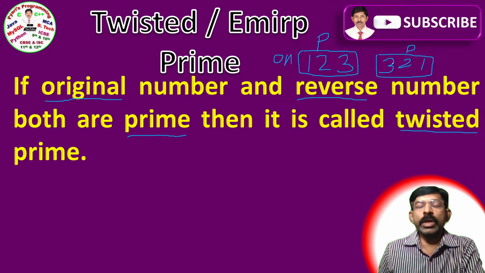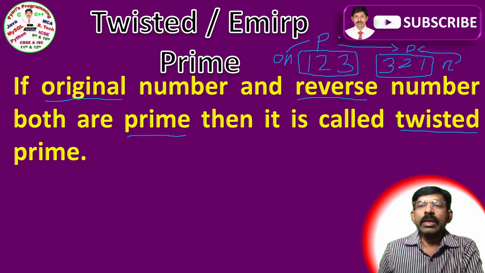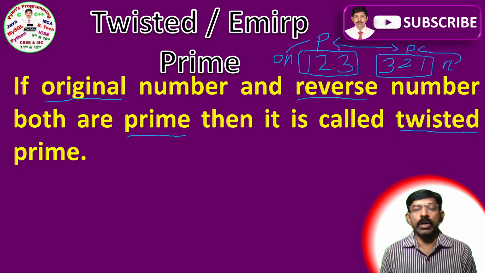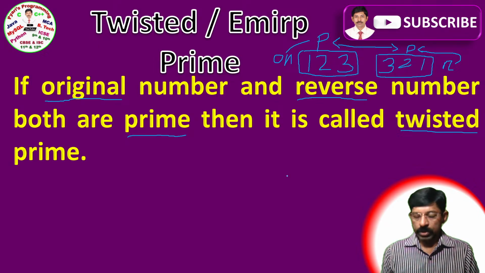It is not twisted prime because original number is prime but reverse number is not prime. It is not a twisted prime because the original number and reverse number both are not prime. If you give a message like this with the help of your if condition, which is taught to you in the 9th class, then it is most vital and most important to get good marks.